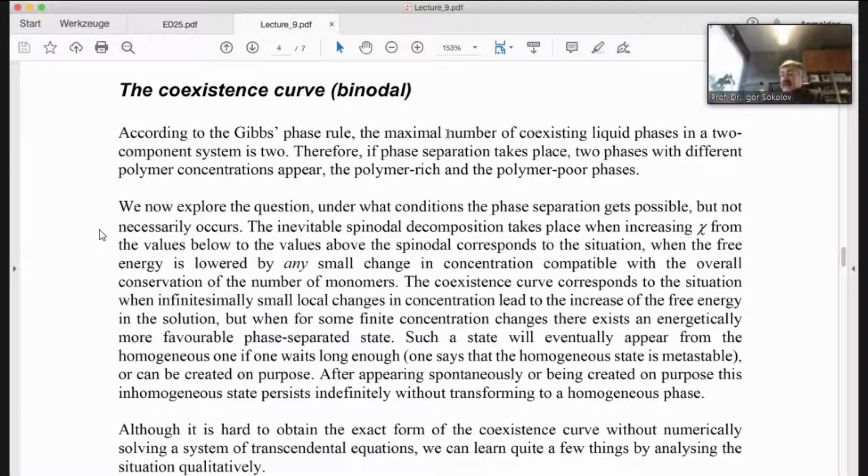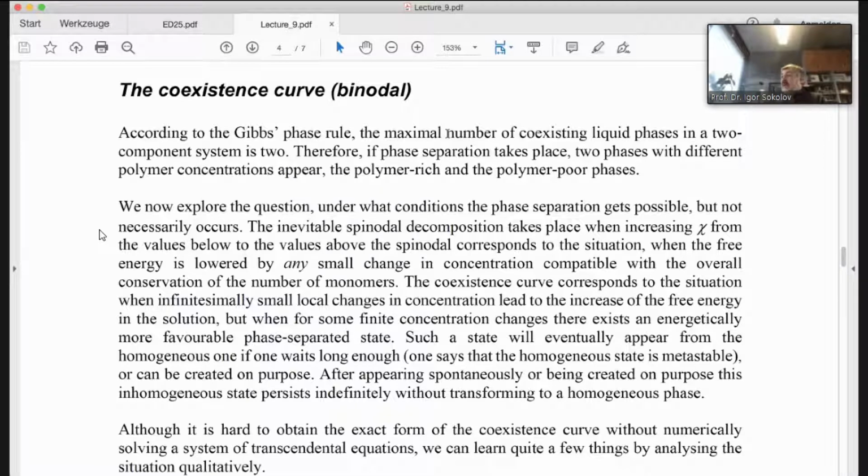Let us now have a look when does the two-phase situation lose its stability? So what we considered when looking at the spinodal is when the one-phase situation inevitably loses its stability.